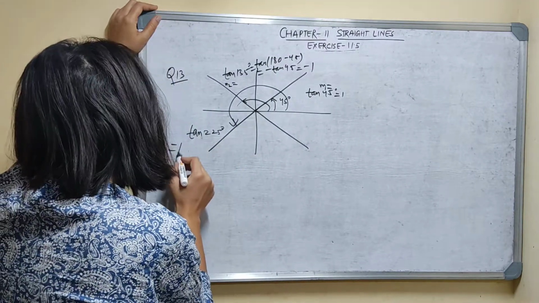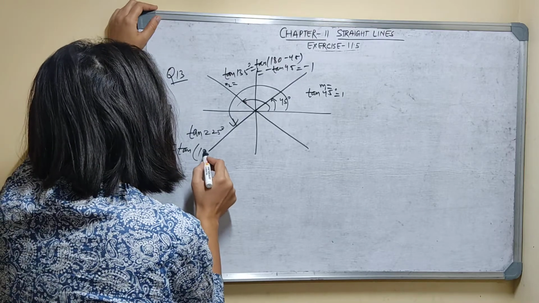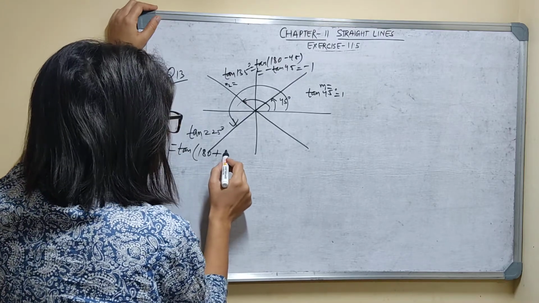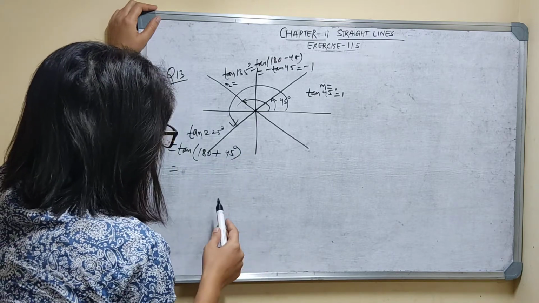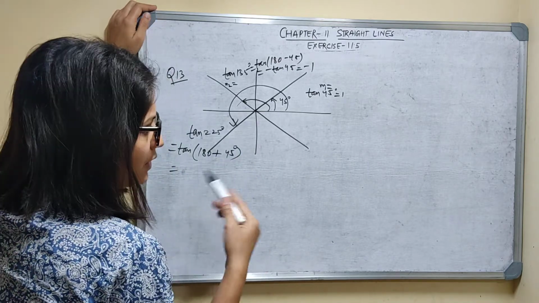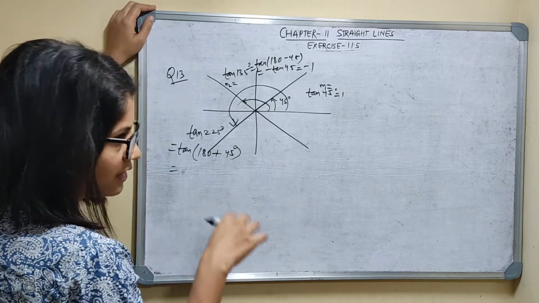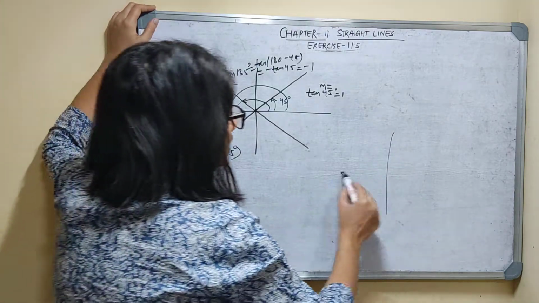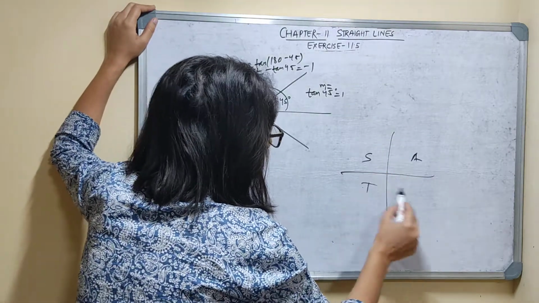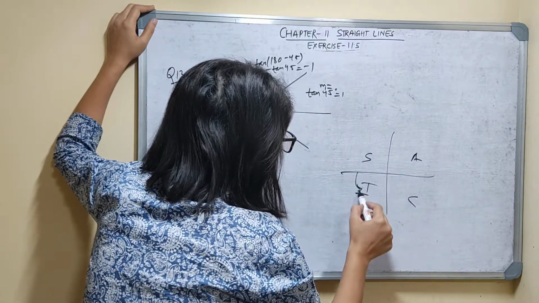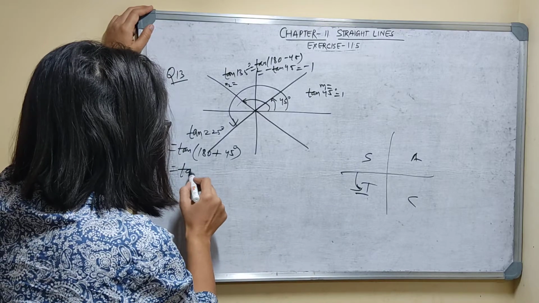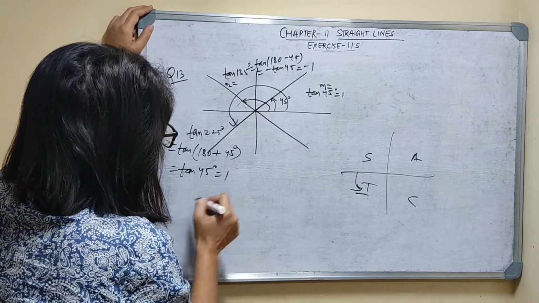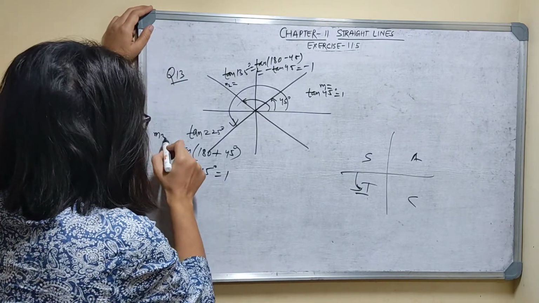So theta is 180 plus 45. 180 plus theta means it is in the third quadrant, and you know A, S, T, C. In the third quadrant, tan will be positive. So tan 45 here is 1. So slope here, m3, is equal to 1.